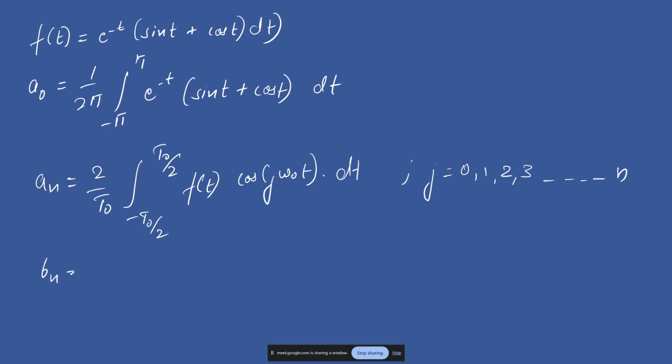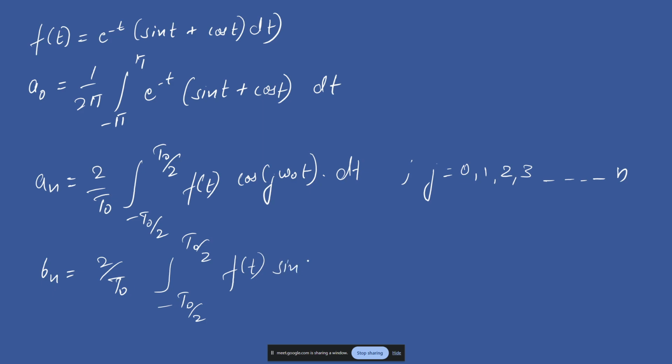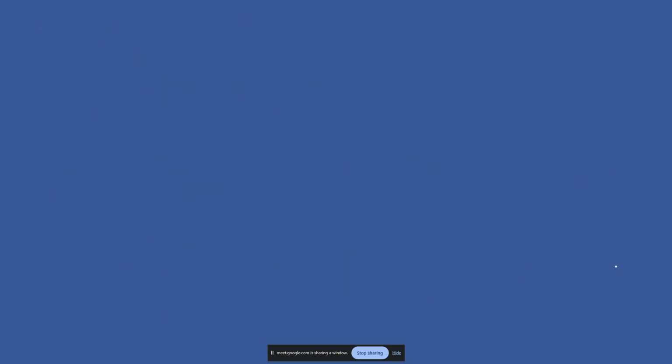And your bn is given by 2 by T naught, integral from minus T naught by 2 to T naught by 2 of f(t) sin(j omega naught t) dt, where j is going from 0, 1, 2, 3 up to n.